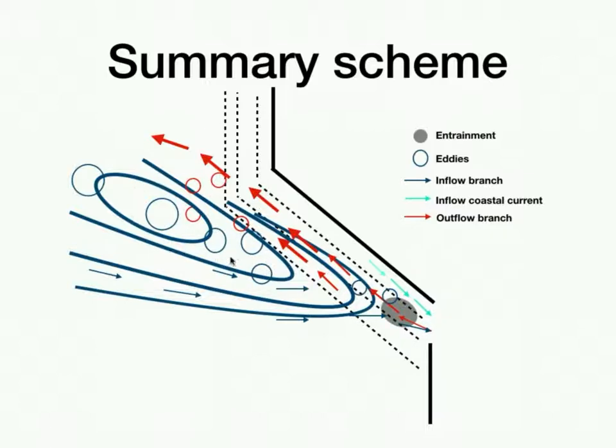Then you have a bulge of cyclones that accumulate here, and in the end you have the reinforcement, or maybe a larger cyclonic circulation, maybe because of the accumulation of all these eddies. But that's still pretty much speculation.